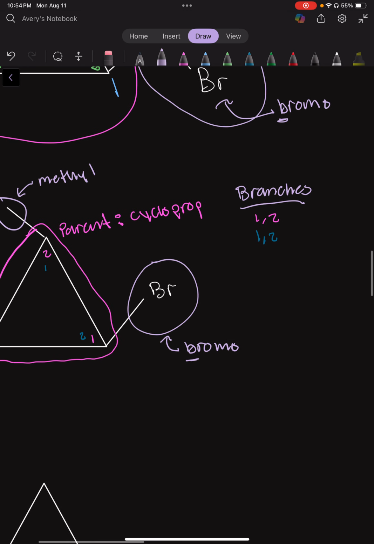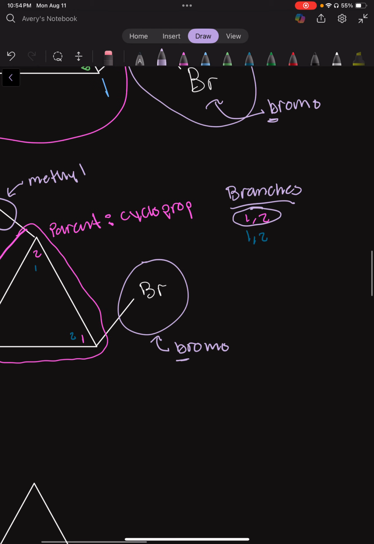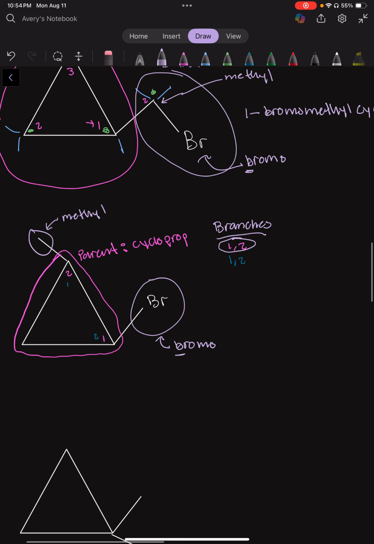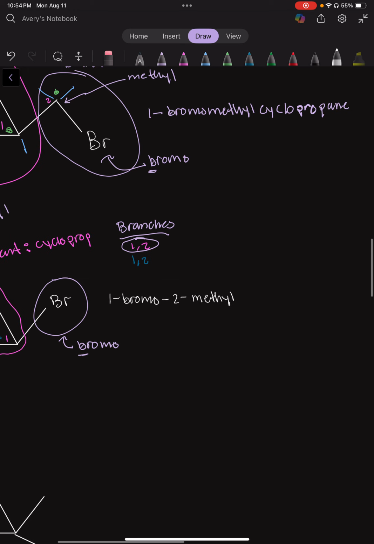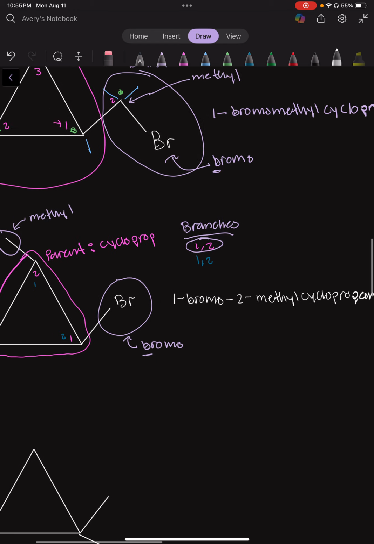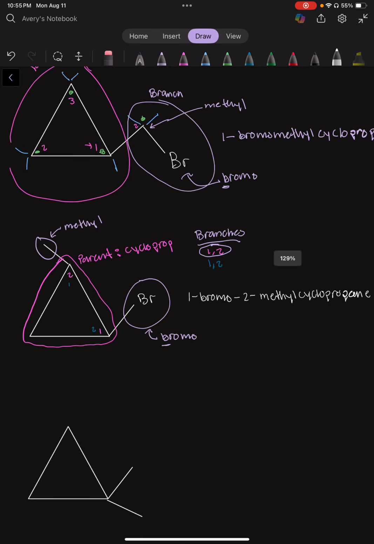So the order is going to be 1, 2 in the pink. So the bromo is going to go first. We put it all together, it's going to be 1 dash bromo dash 2 dash methyl cyclo and then propane, the a and e, because we have no functional groups attached to this.